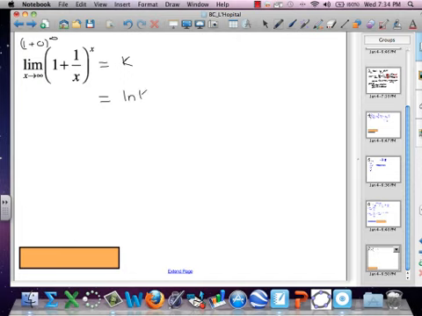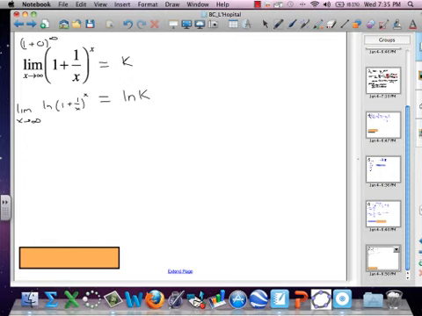So I'll have the natural log of k on the right side, and then we can do the limit first or last. It's our choice. So I'll stick the limit here, and we'll take the limit of the natural log of what we had here, which is (1 plus 1 over x) to the x.